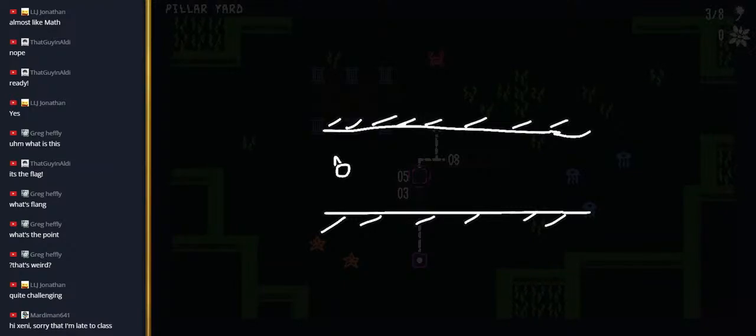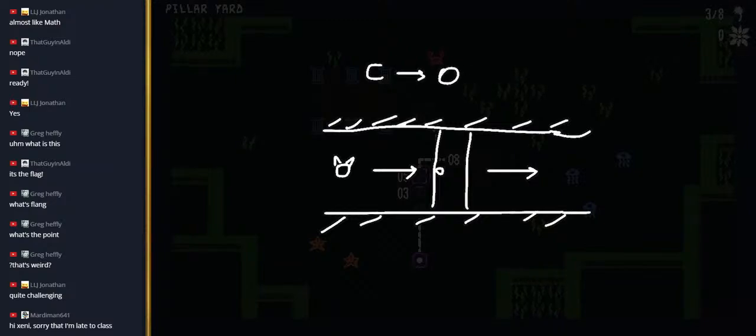Our objective is to get past a closed door here, and then afterwards have the door be closed again.